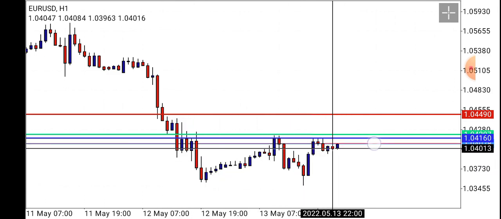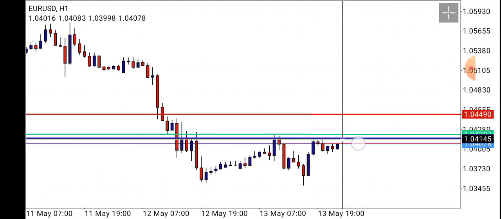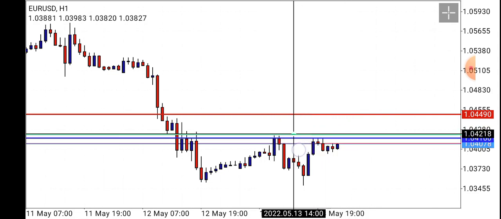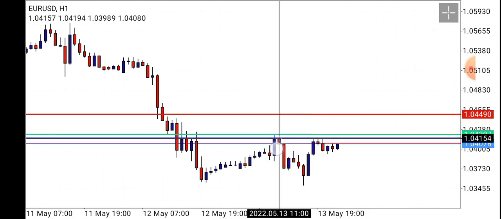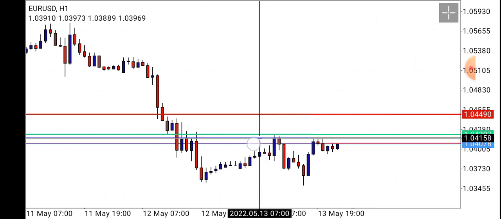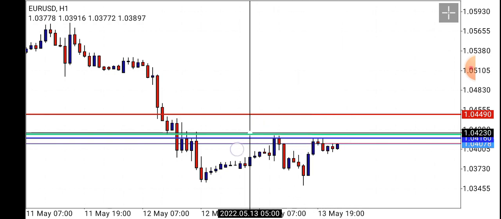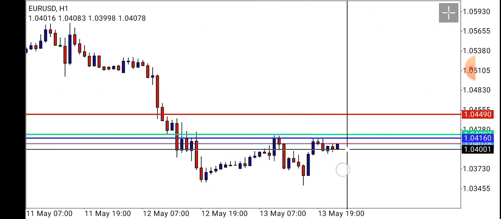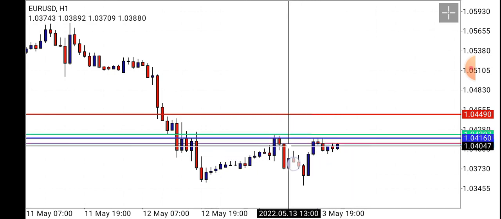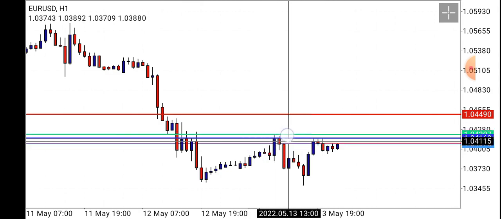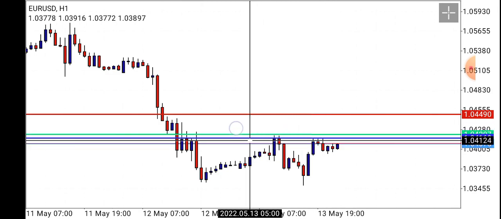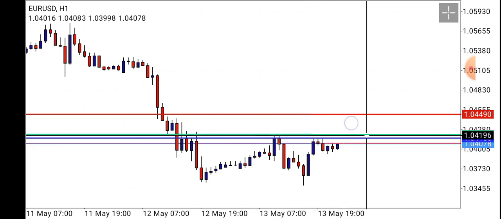So if a candle closes above these pivot levels, which is a resistance level on the 1-hour time frame, for me, this is a supply zone. If demand increases and price closes above or exceeds this previous supply zone, then I expect price to keep going up.